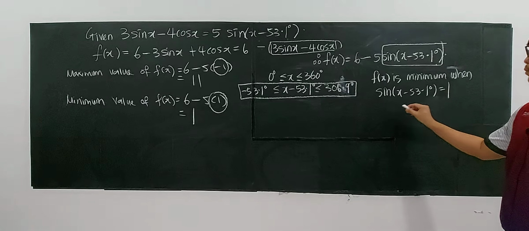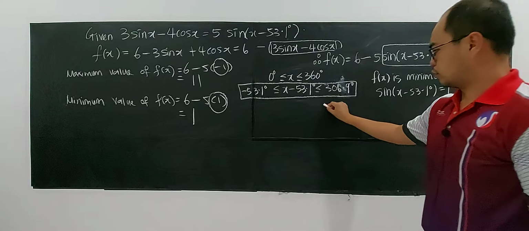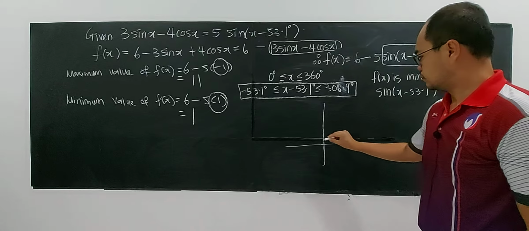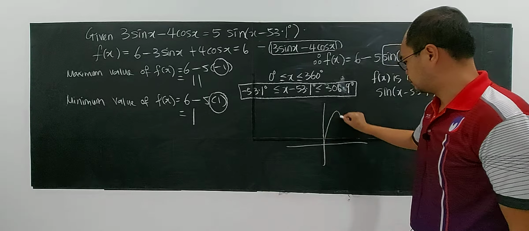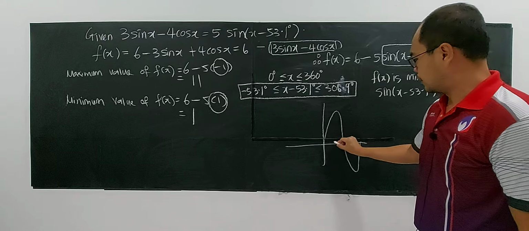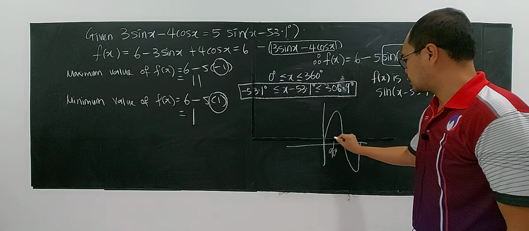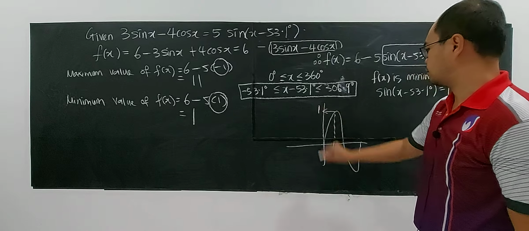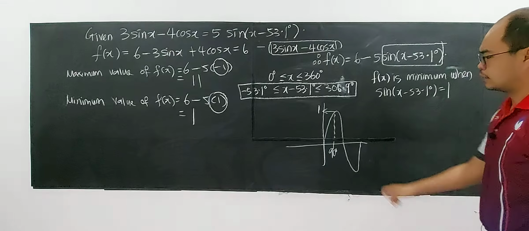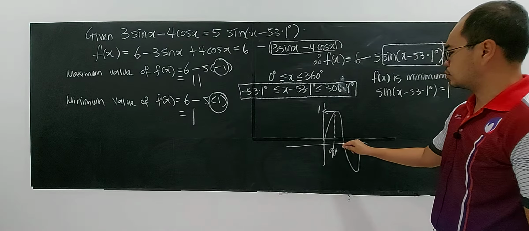So again, I have to use the graph. You know that sine 90 will be 1, right? Other than that, sine 0 is 0.